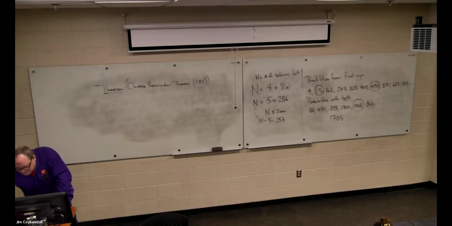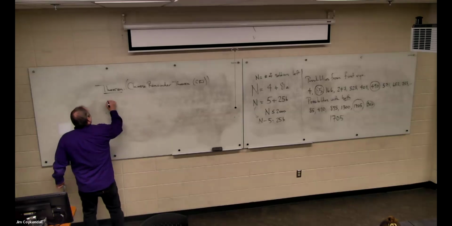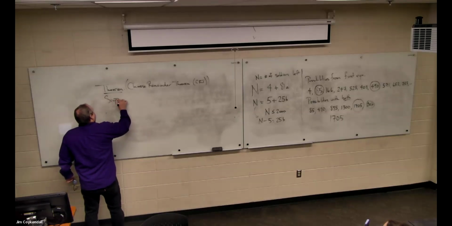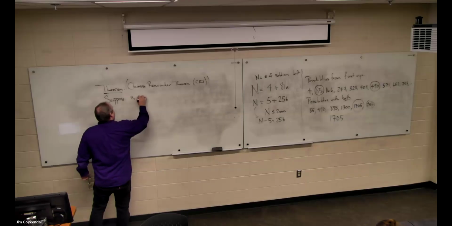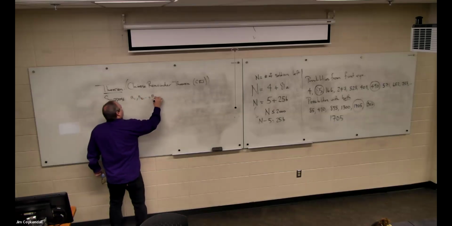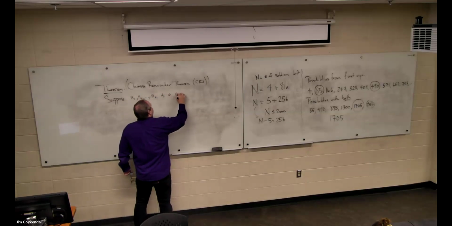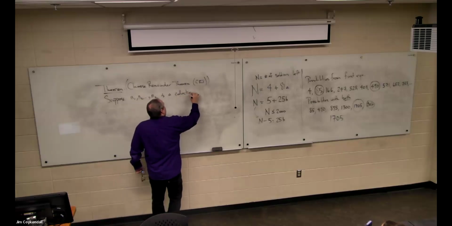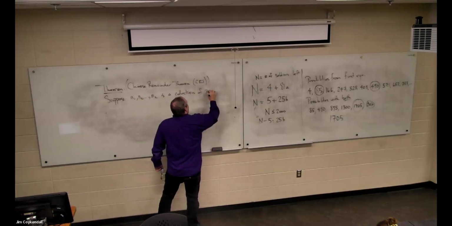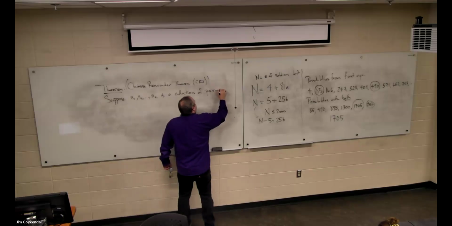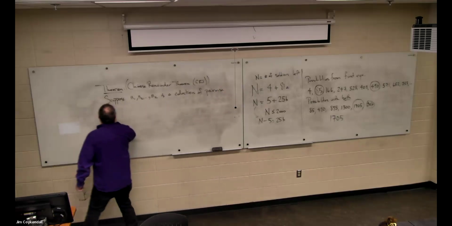Suppose that N1 up to NK is a collection of pairwise relatively prime integers.